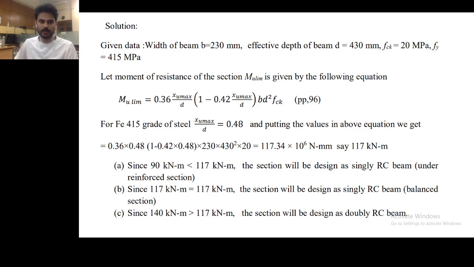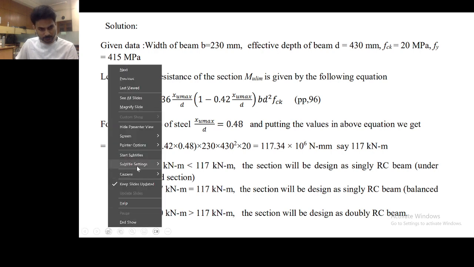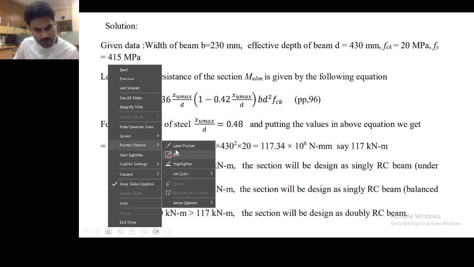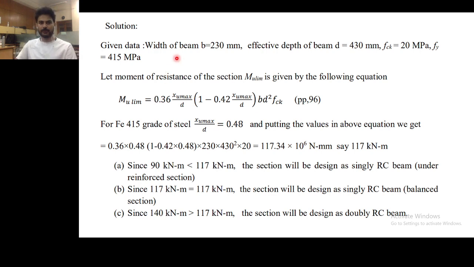Okay, in the solution, the width of the beam is 230, the effective depth of the beam is 430, directly it is given, FCK is given, Fy is given. So the MU limiting direct formula is there, you guys can remember it: 0.36 XU max by D into bracket 1 minus 0.42 XU max by D into BD square FCK.